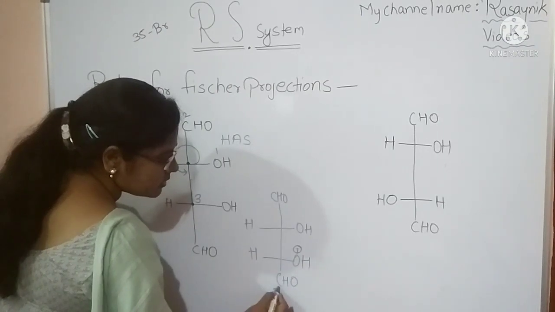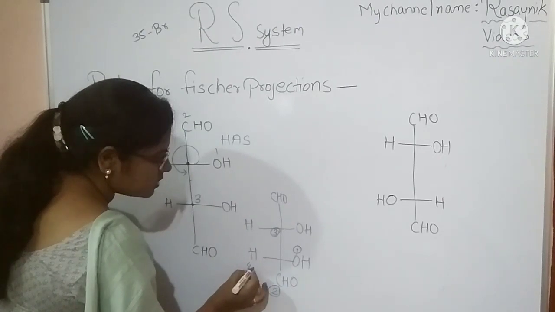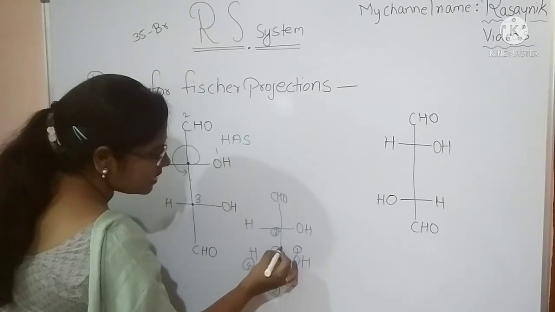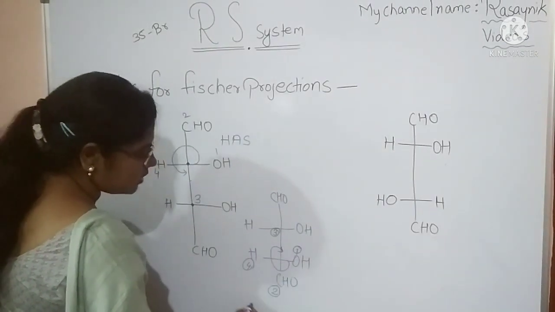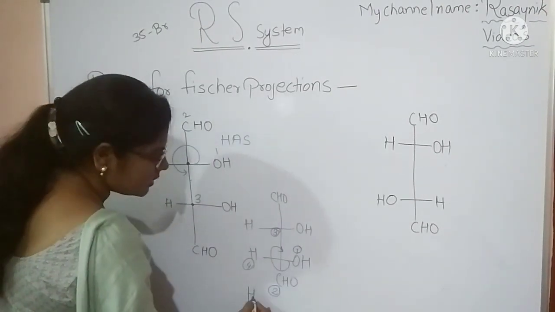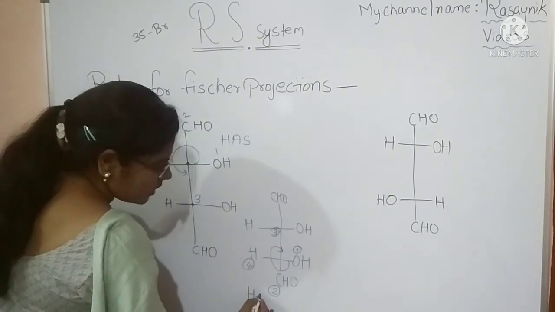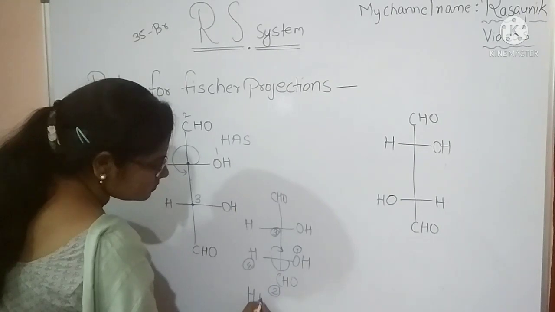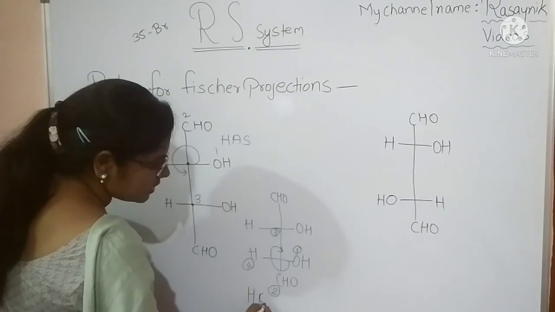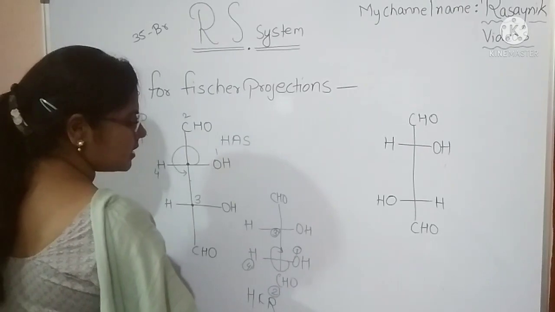First priority, second priority, and the bigger group is third priority, and hydrogen is fourth priority. Then how will it rotate? Like this direction. Hydrogen is on the horizontal side, so it will be H. What is the rotating direction? Anti-clockwise. No, sorry, clockwise direction and R. Clockwise direction R, that is H C R.